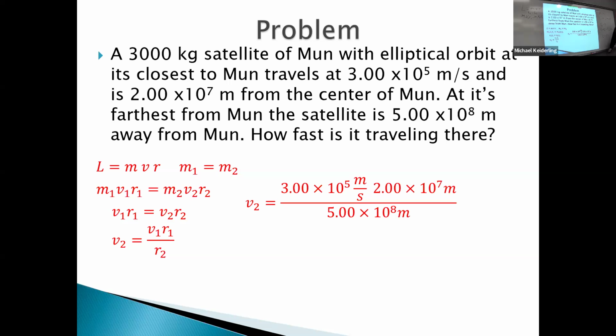So the nice thing about these, usually the mass cancels out. So velocity 2 ends up being 1.2 times 10 to the 4 meters per second, or 12,000 meters per second.